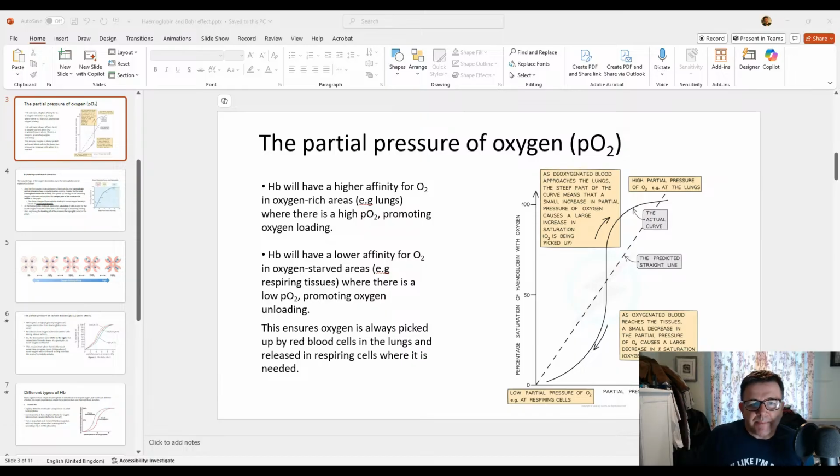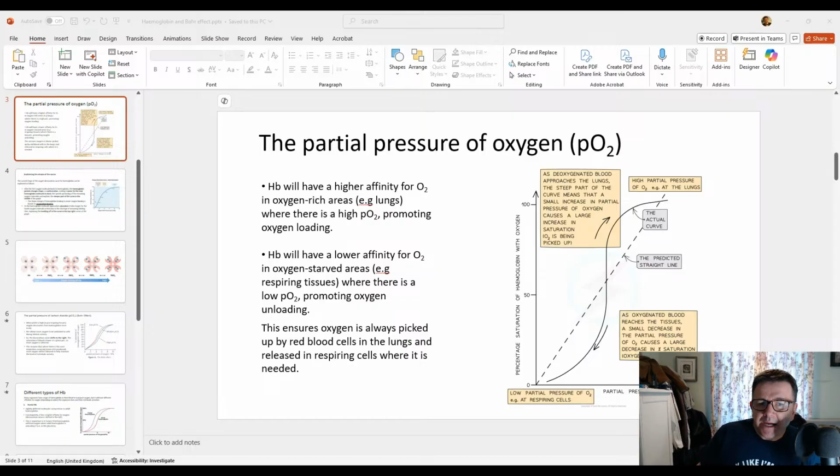So I just want to mention about the partial pressure of oxygen. Underneath me there, on the X axis of the graph, is partial pressure, and then the percentage saturation of hemoglobin with oxygen. Okay. So Hb has a higher affinity for oxygen in oxygen-rich areas, for example the lungs.